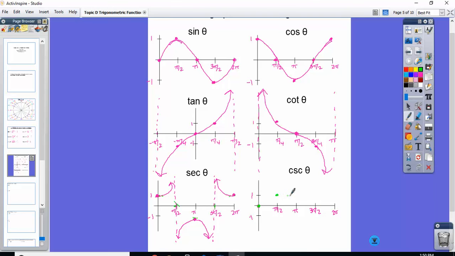Pi over 2 is 1. Back down. So there's our sine. So cosecant, reciprocal, high and low points stay. The zeros turn into asymptotes.